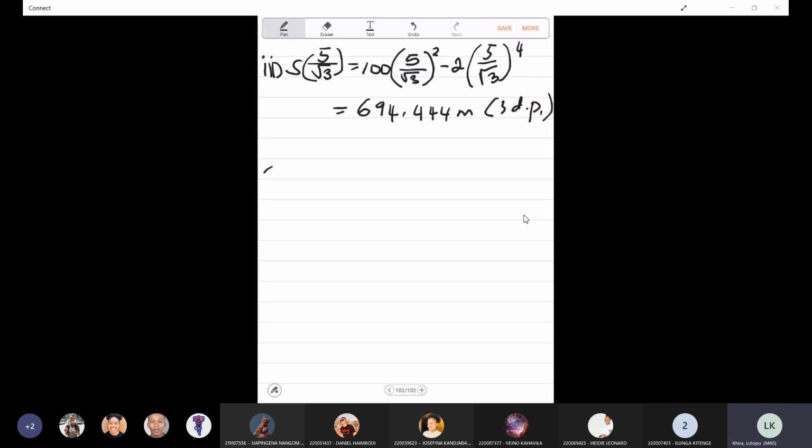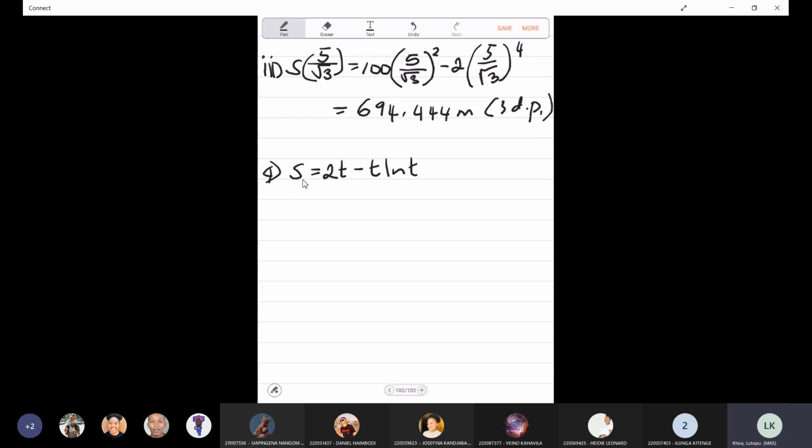Okay, now let's look at number 4. Number 4 says a body moves according to the equation S is equal to 2t minus t times ln of t, and this is measured in meters. Then we have to determine its displacement when its velocity is 0. So pretty simple question.